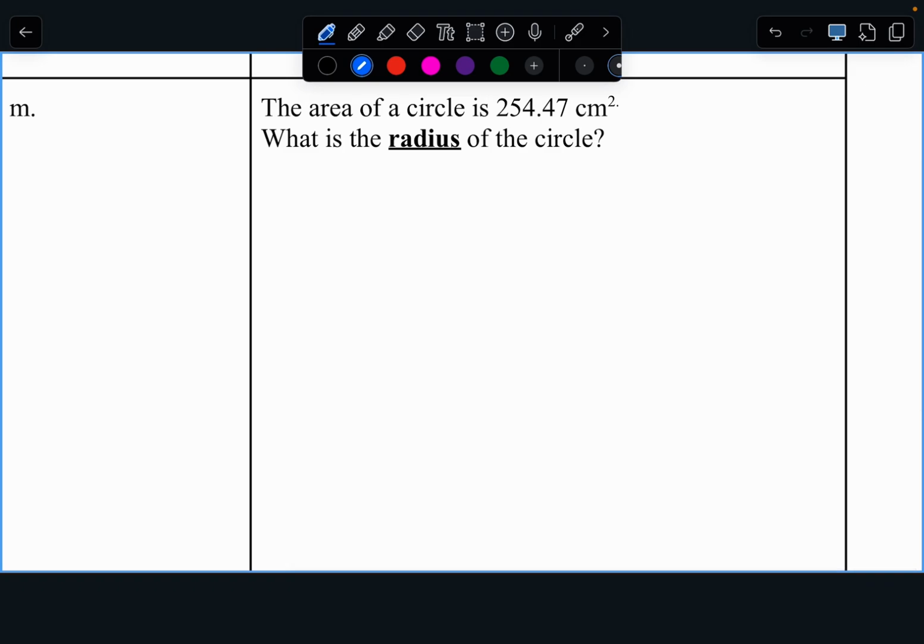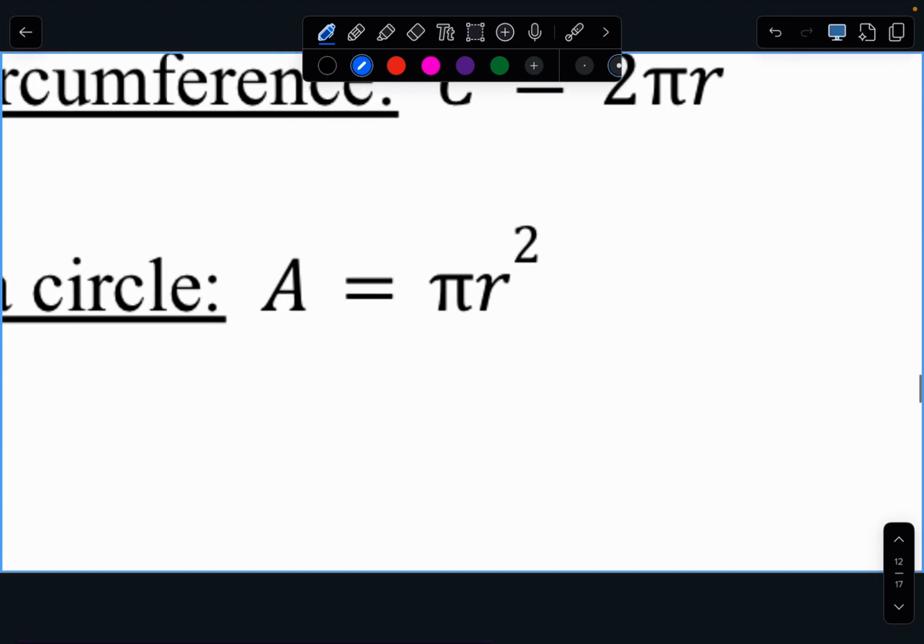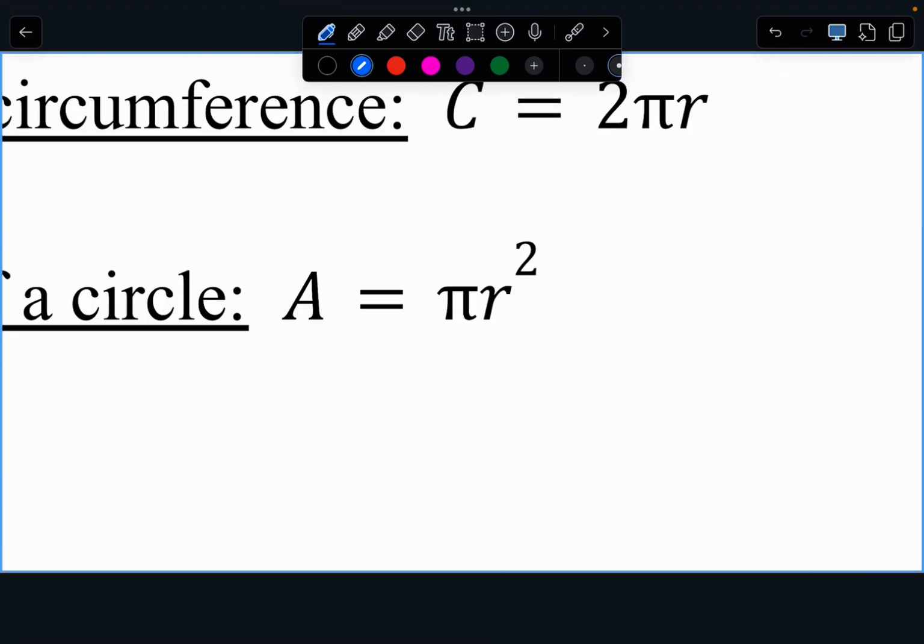Area is given. Does anybody know the formula for area for a circle? It's written at the top of your page. Well, if we look up top, area is equal to pi r squared.